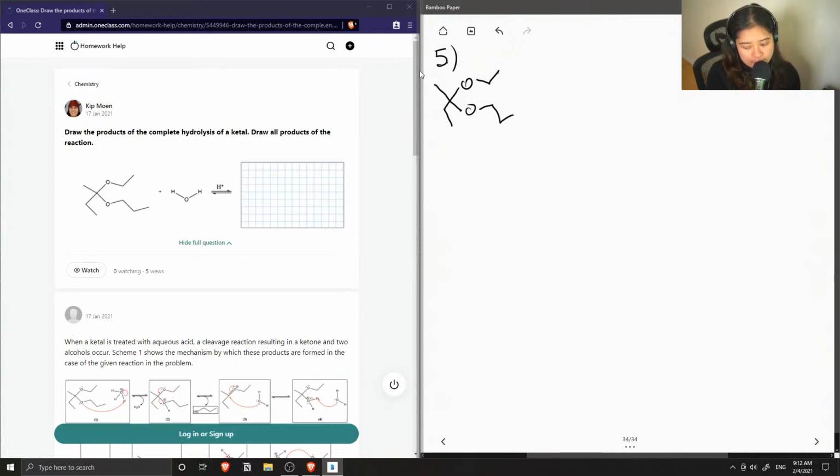And it reacts with water in acidic solution. So that means in the solution, we have H3O+, which is protonated water, or the hydronium ion.